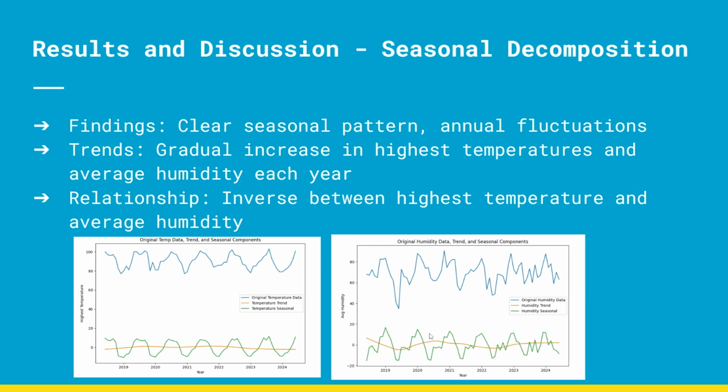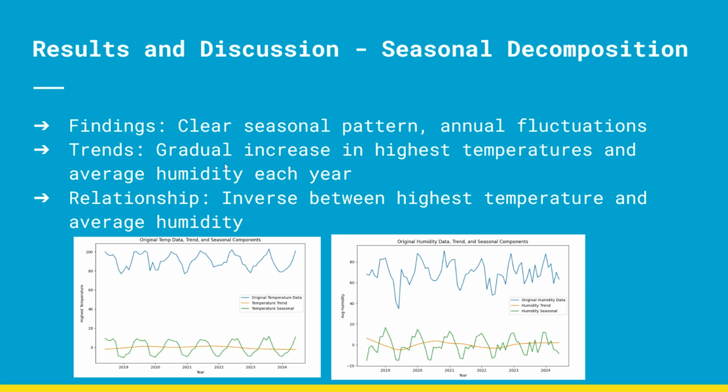Maybe for humidity, it's harder to see at the top, but at the bottom, you can see, for the winter months or the summer months, the summer has lower humidity. It's slowly increasing. I think this could become more accurate if I were to get more data, maybe collect from 2000 to 2024 in order to see better forecasting also. But for now, I see gradual increases in both given the 6 year period.